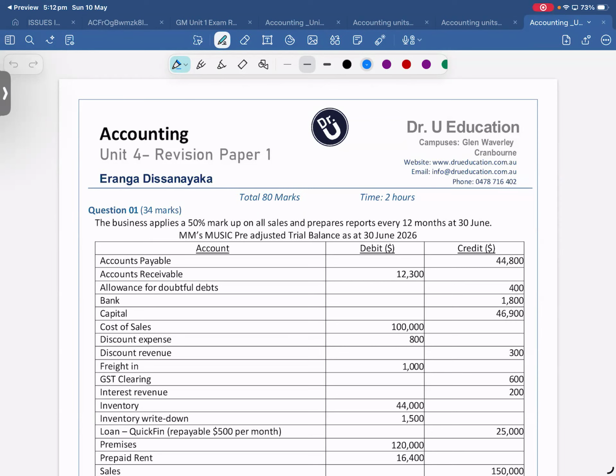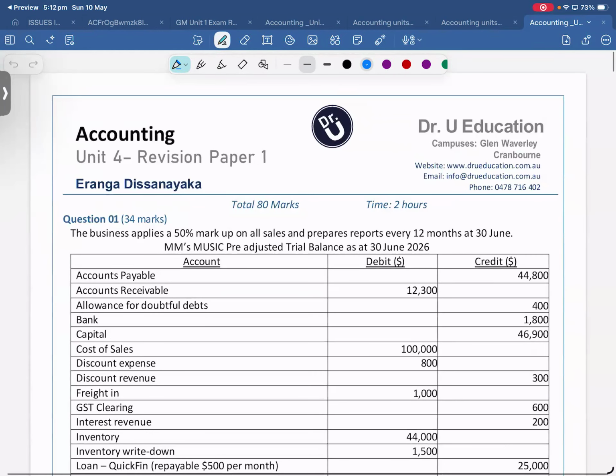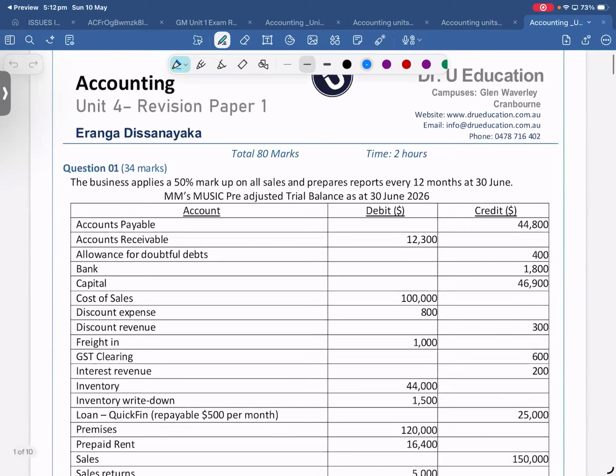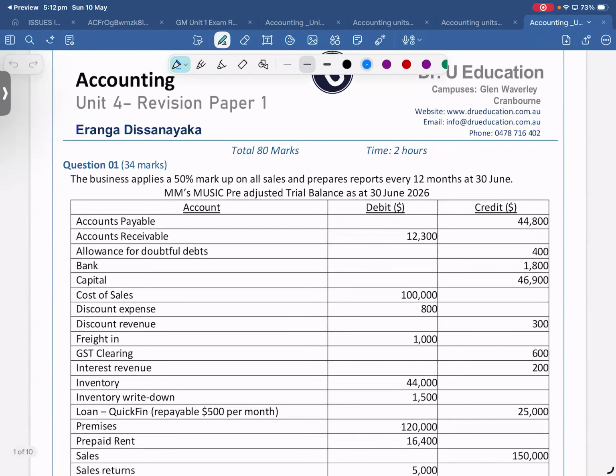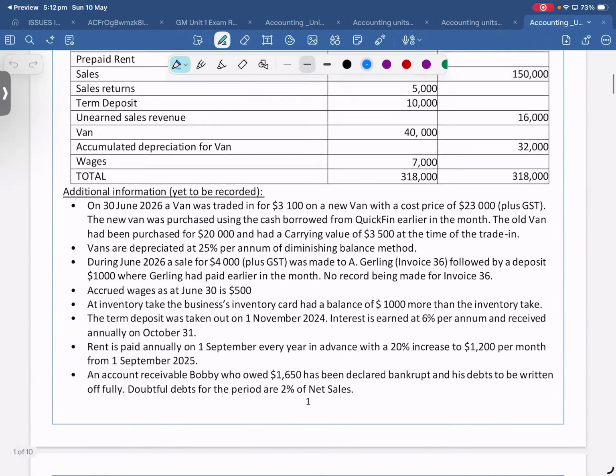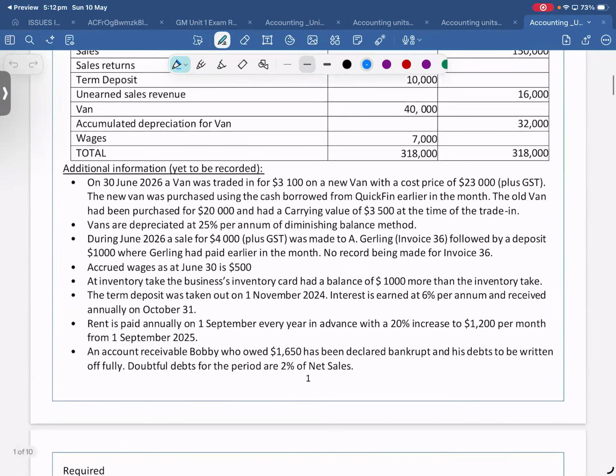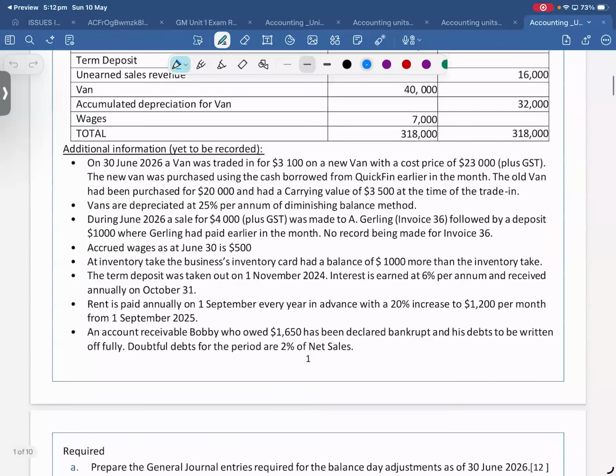Even we can treat this one as actually a final paper. But you won't get this hard in the exam. However, this can be the hardest that you'll get definitely. The question number 1 is easier than number 2. Number 2 is even harder.